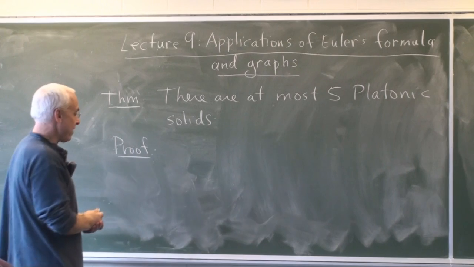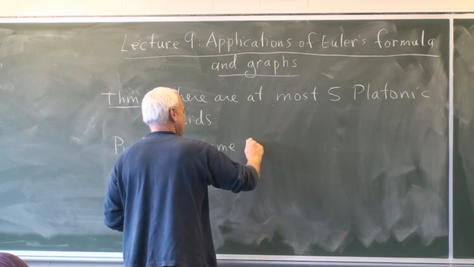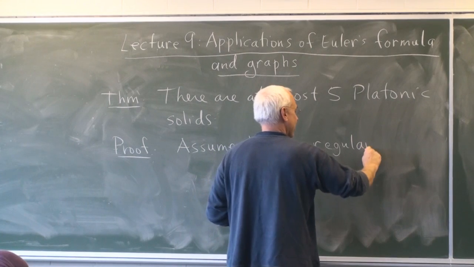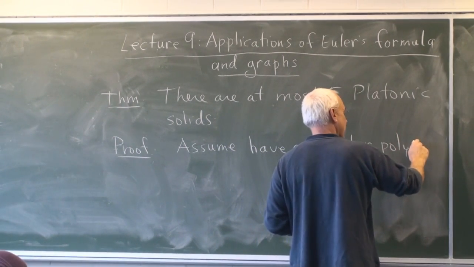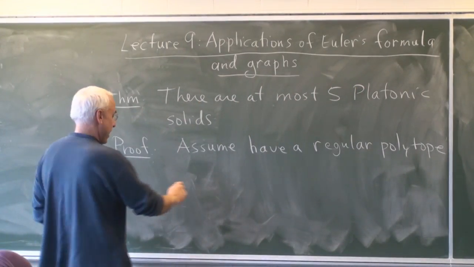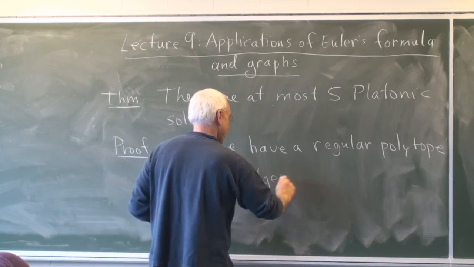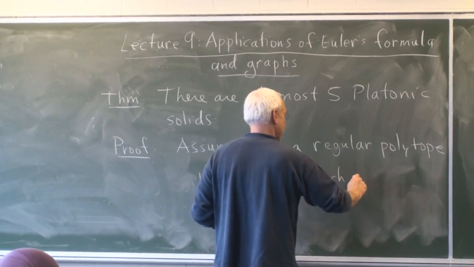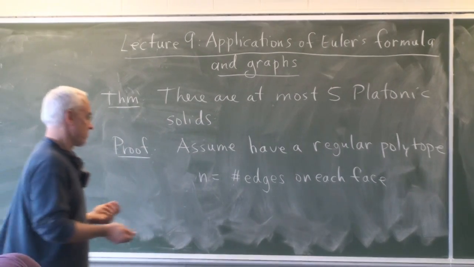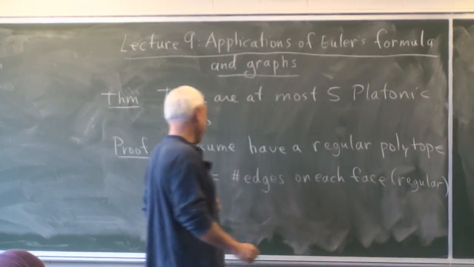And so we're going to assume that we have a regular polyhedron, or polytope, we can also say, with n, the number of edges on each face. So we're assuming that all the faces are polygons with the same number of edges. We're calling that number n.